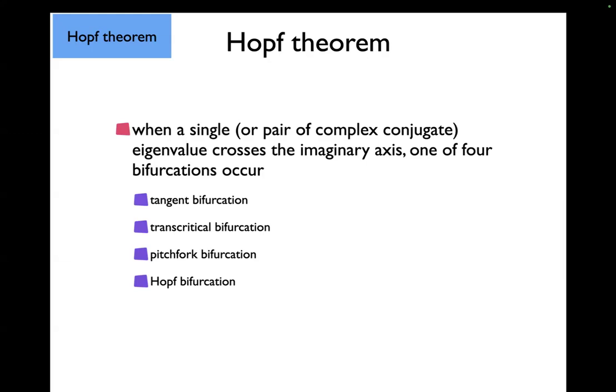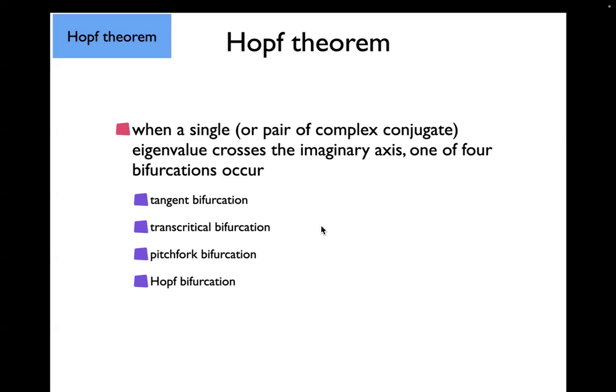It technically says that if you have a fixed point such that a single eigenvalue crosses the imaginary axis, that means the real part changes sign, then only one of these 4 things can be the case. For some reason there can sometimes be a pair of complex conjugate eigenvalues; forget about that. The one that I just looked at is called the tangent bifurcation. I'll briefly flash here these other 2 and then say a little bit about the 4th one, the Hopf bifurcation.